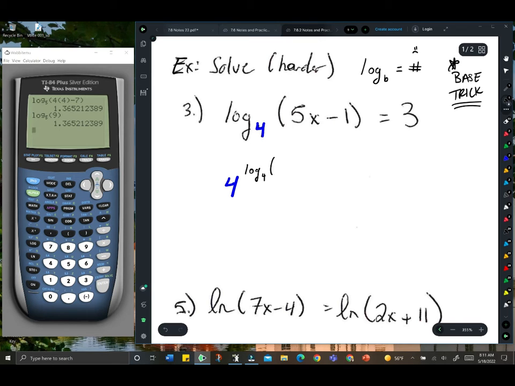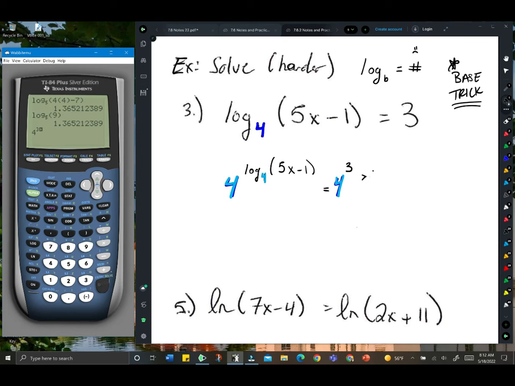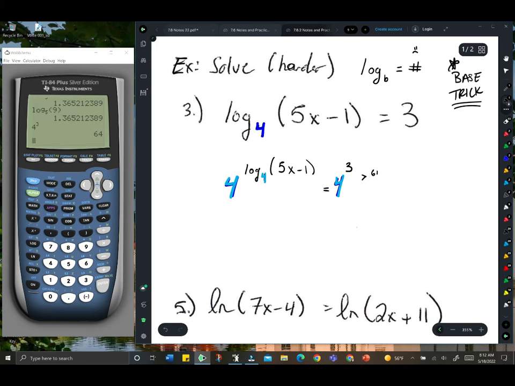So 4 to the log base 4 of 5x minus 1 is equal to 4 to the third. That's what I mean by the base trick. We make a new base, and it has to be the same as the original. So 4 to the third power is really 64. Literally everything just becomes an exponent, and we make a new base.